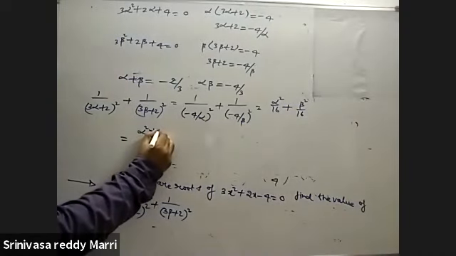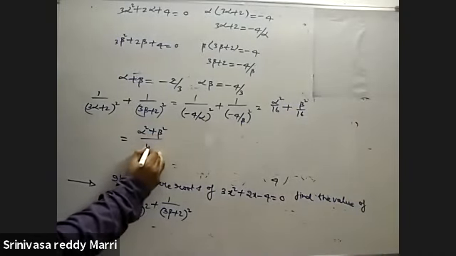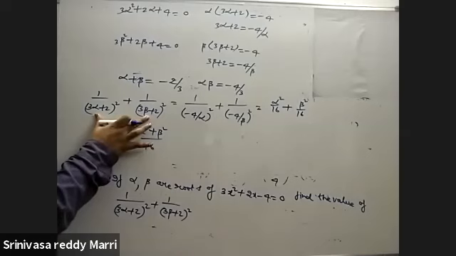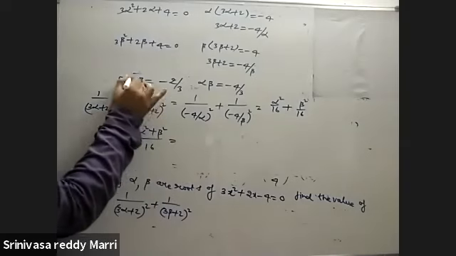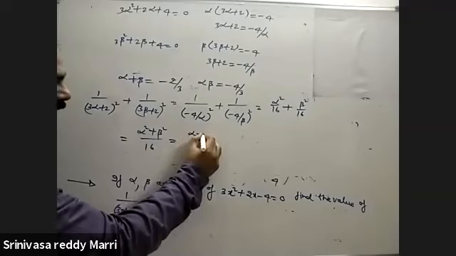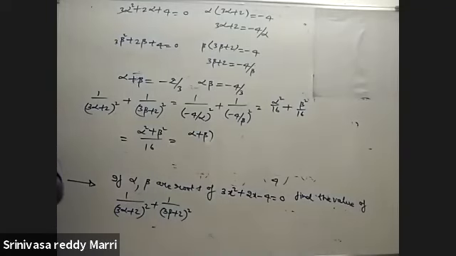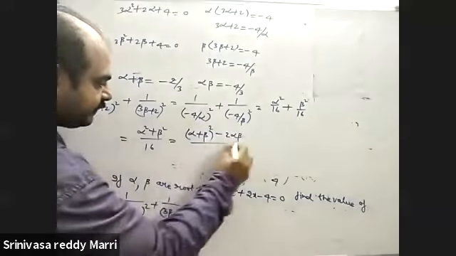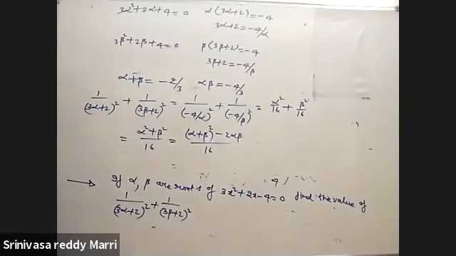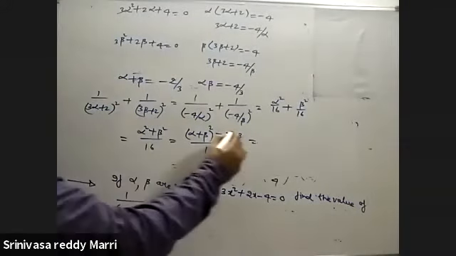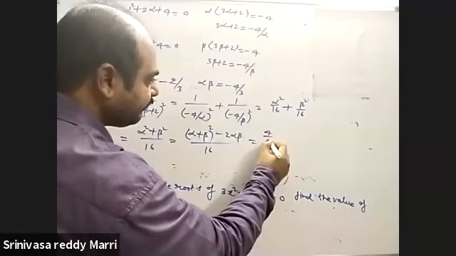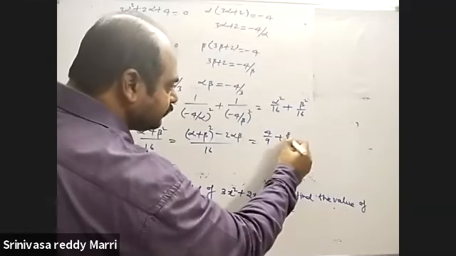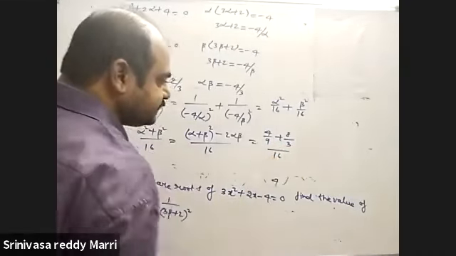This is nothing but (alpha square plus beta square) divided by 16. Look at this, the bigger expression is converted to a smaller one. This value is equivalent to this one. You know alpha plus beta, you know alpha beta. This can be written as (a plus b) whole square minus 2ab. What is alpha plus beta whole square? 4 divided by 9 minus 2 into minus 4 by 3, that is 8 by 3, divided by 16.